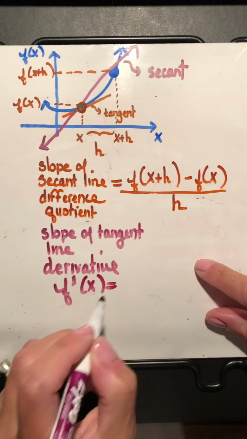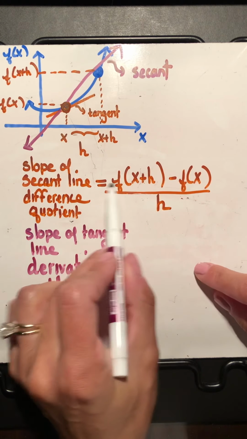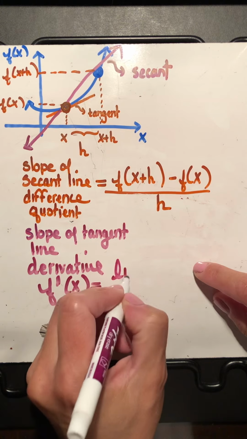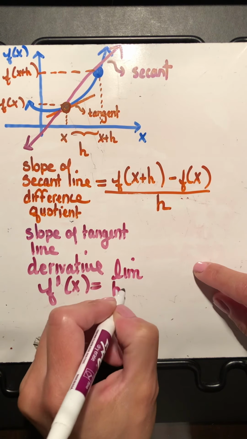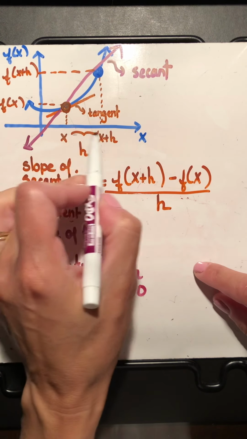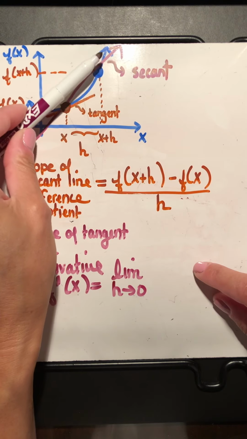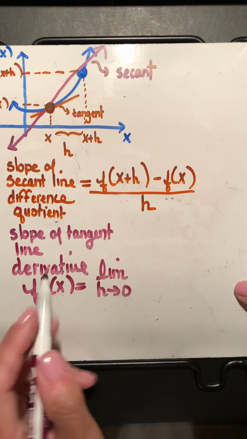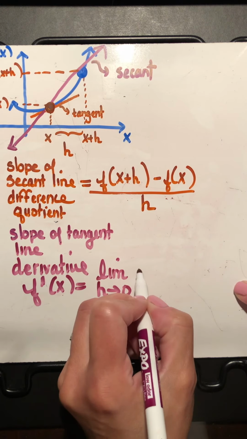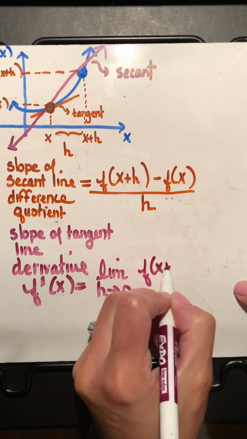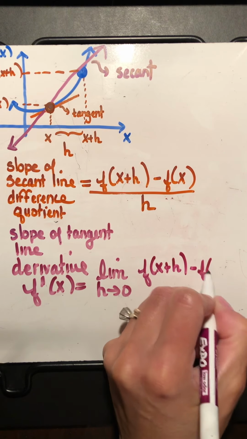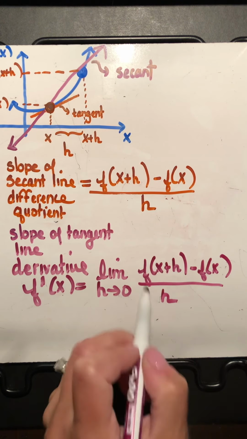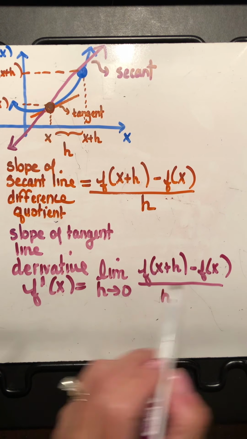The way we figure that out is to take this formula and just amend it slightly by taking the limit as h approaches 0. So if we let that distance approach 0 and let the secant line approach the tangent line, we will have an accurate formula for rate of change. And that is still f of x plus h minus f of x all over h. So again, it's really just the slope formula in fancier notation.